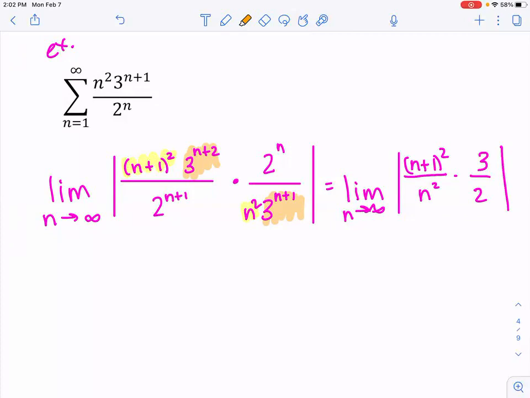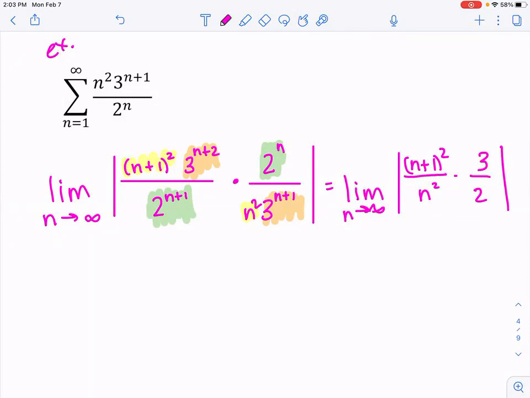So 3 to the n plus 2 over 3 to the n plus 1. When we subtract our exponents, we're left with 3 to the first power. Okay. Then we have 2 to the n over 2 to the n plus 1. So that means there's going to be one more 2 in the denominator. I get it. That makes sense. The colors really help. Are you okay with the overall setup of a sub n plus 1 divided by a sub n?